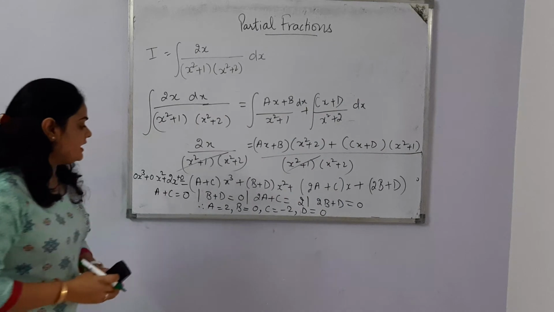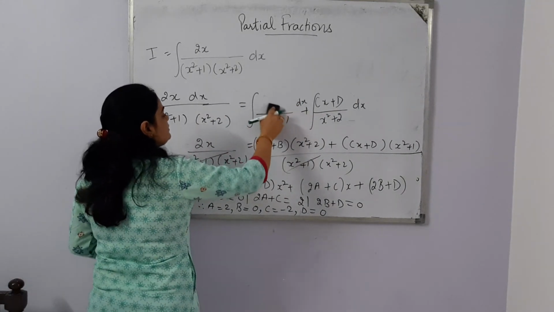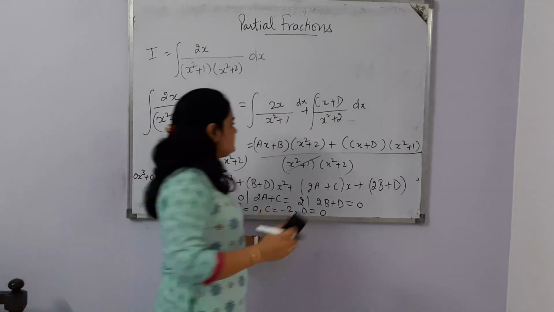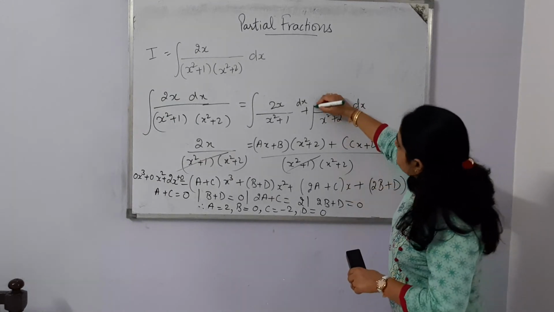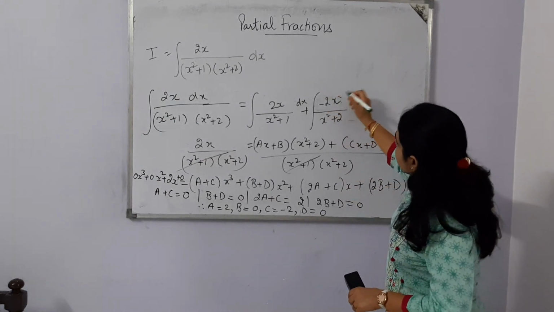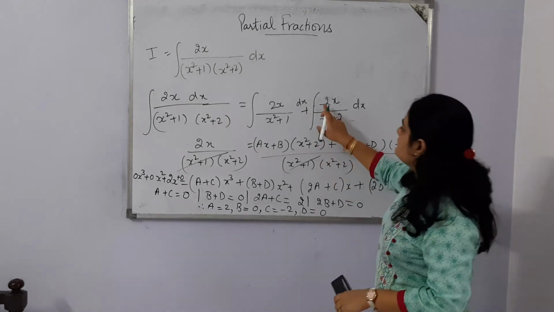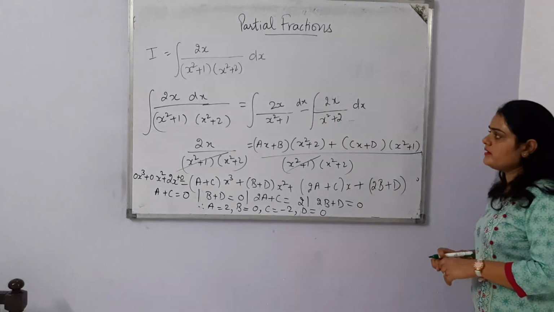In place of a we'll write 2 and b is 0, so 2x plus 0 is 2x, and cx plus d. What is c? It is minus 2x, and d is 0. This plus with minus, when the sign goes outside, it becomes a minus sign.